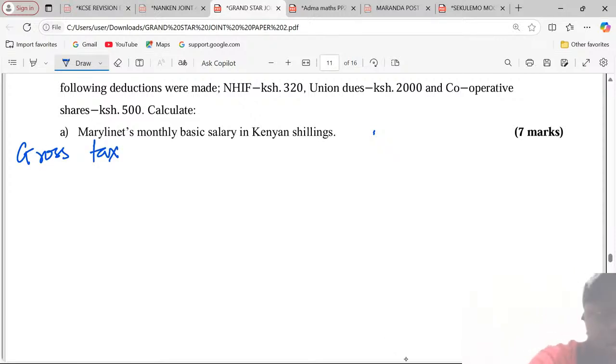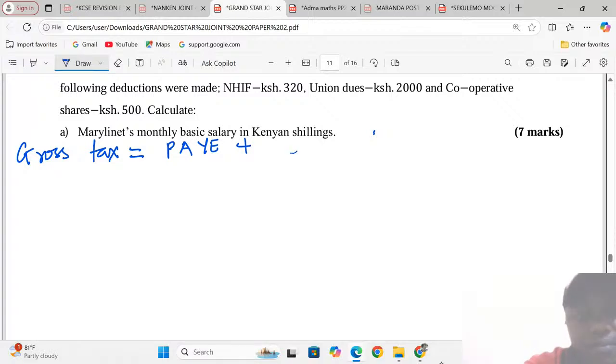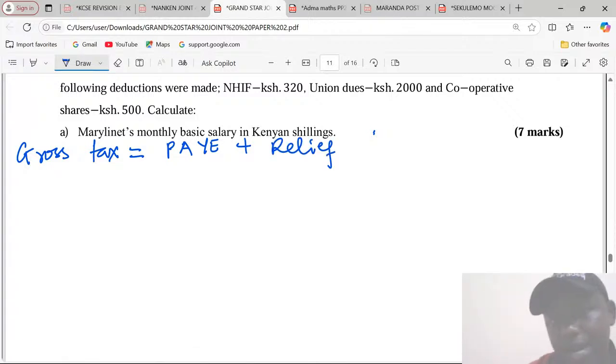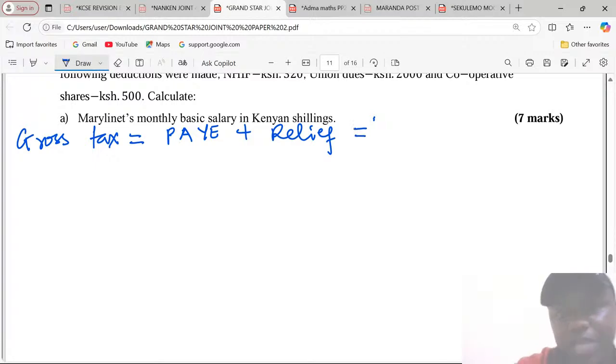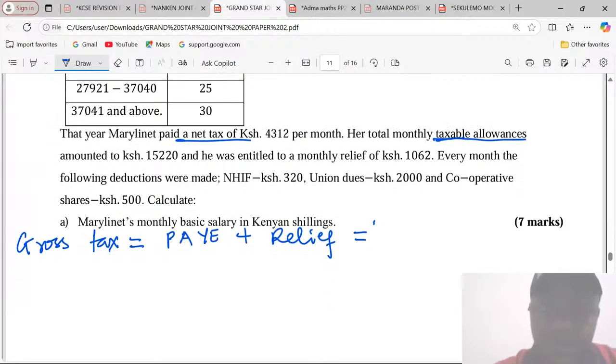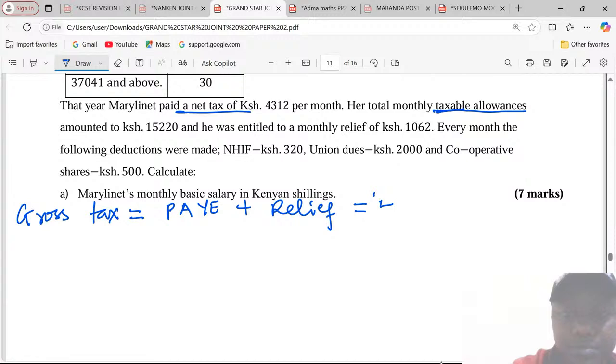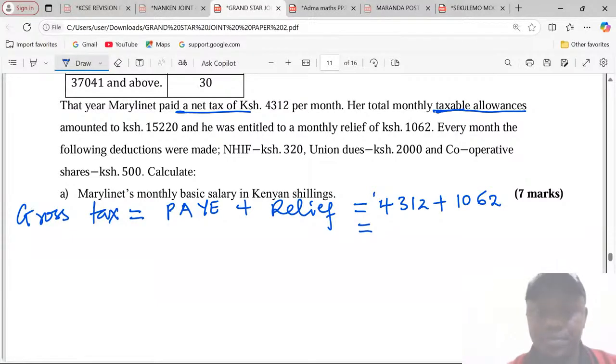The gross tax is when we take the PAYE and add the relief. So we take 4312 and add a tax relief of 1062. This gives me 5374.